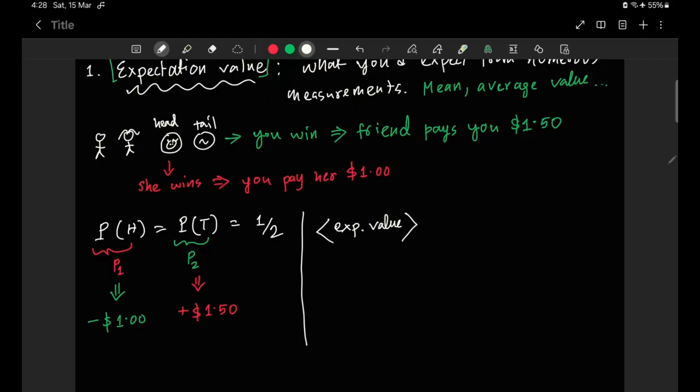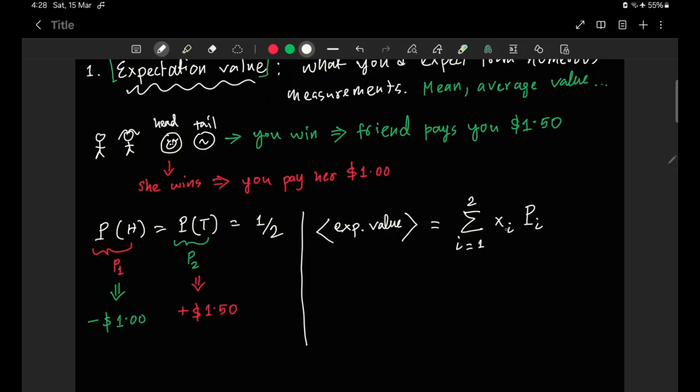How do we calculate it? Well, the formula for calculating expectation values is essentially the sum over i of x_i times p_i. Now let's unpack that statement. So there are two possible outcomes for you. Either you win $1.50 or you lose $1. So i is the number of possible outcomes. So there are two, so i is from 1 to 2 in this simple game. x_i represents your outcome.